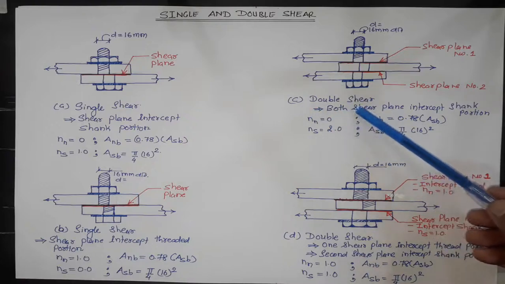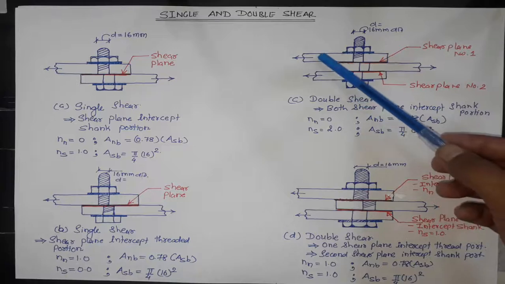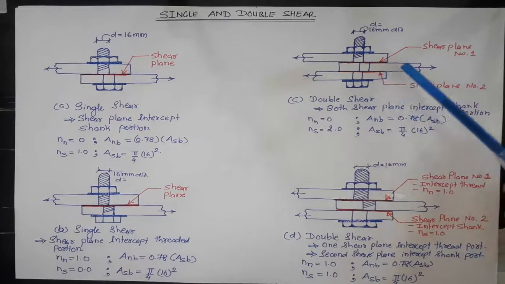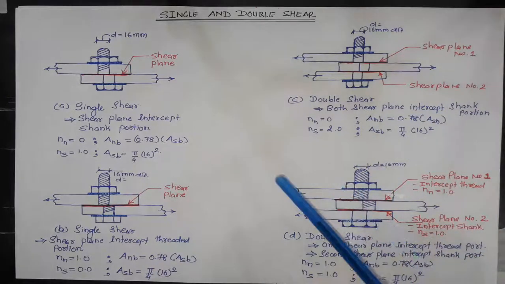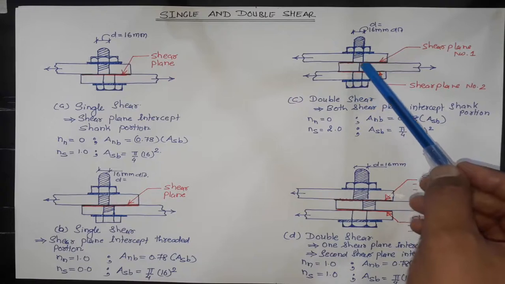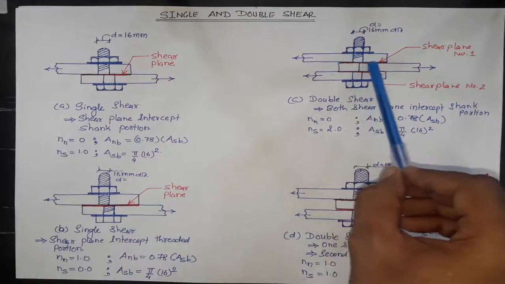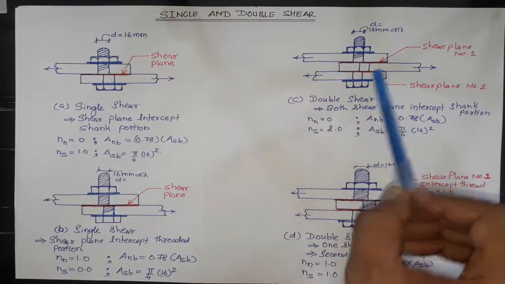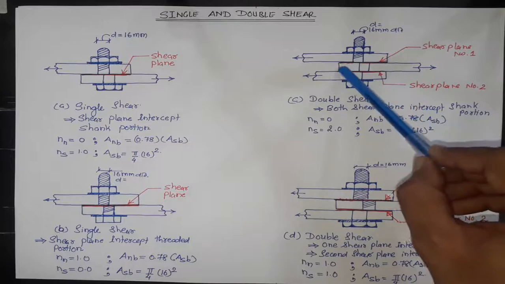Again for double shear, let's take an example of 3 plates, 2 moving towards negative x direction and 1 moving towards the positive x direction. Here our bolt cracks into 3 pieces, this piece number 1, 2 and 3. We are having 2 shear planes. This is one shear plane and this is the second shear plane. It is observed that both shear planes intercept the shank area.